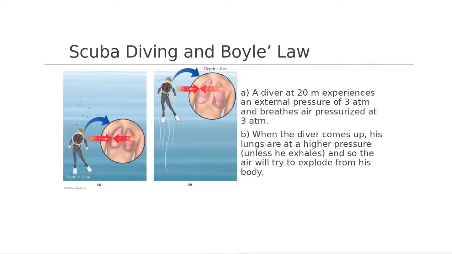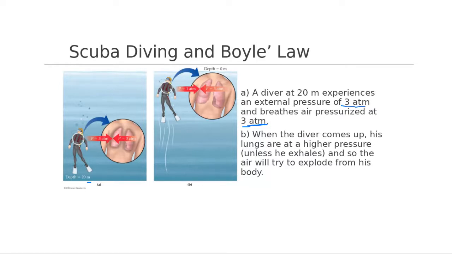Let's have this example. A diver at 20 meters is under an external pressure of 3 atmospheres, and breathes air at 3 atmospheres of pressure from the tank. He's using his tank to inhale the air.